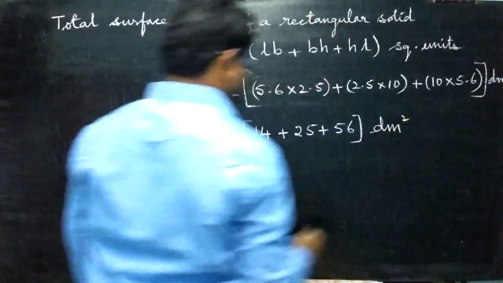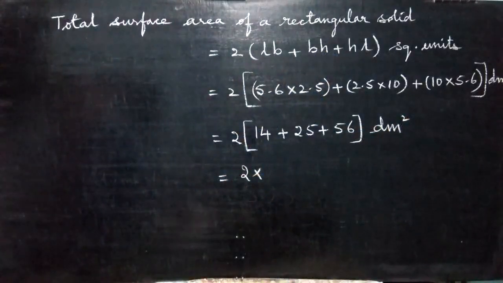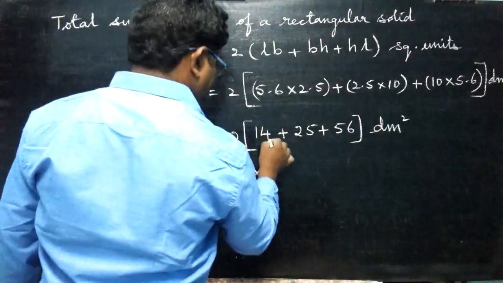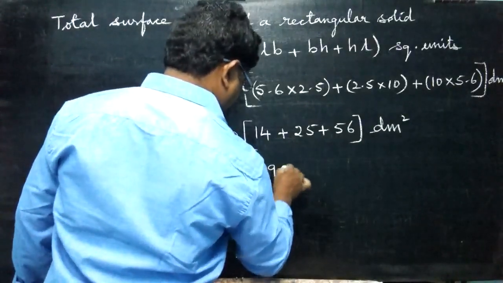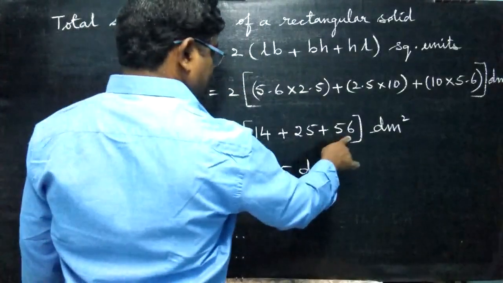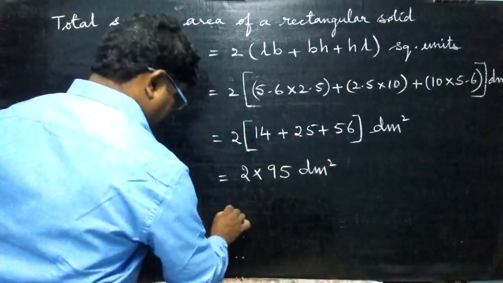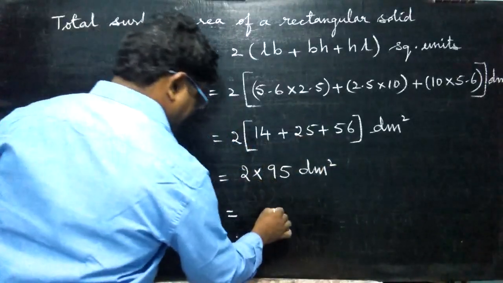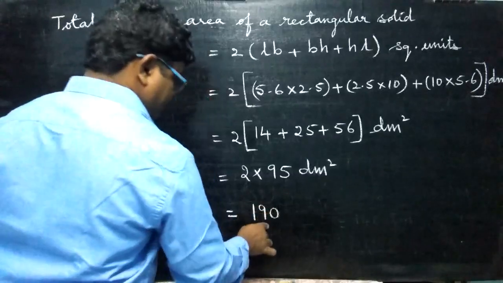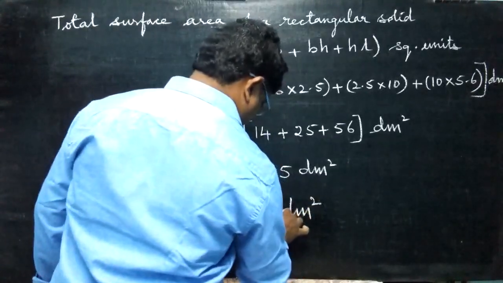Decimeter square. That is equal to 2 into, add 14 plus 25 plus 56, you will get 95 decimeter square. Multiply by 2, so 190 decimeter square.